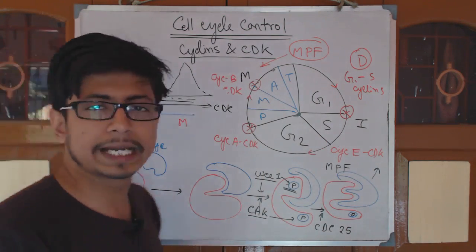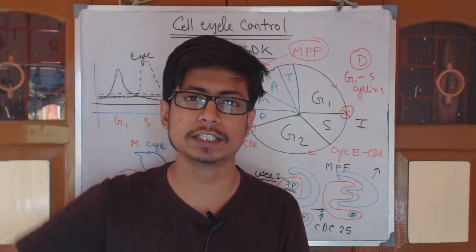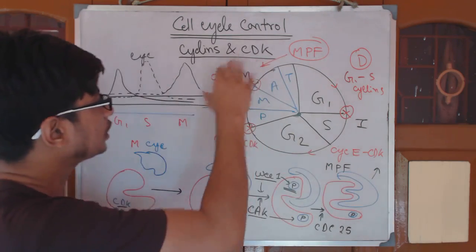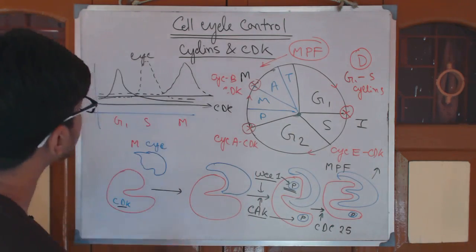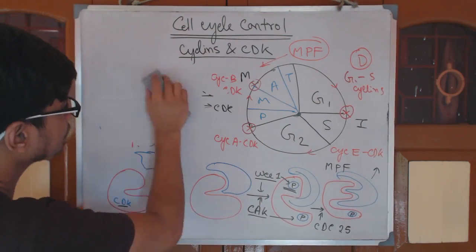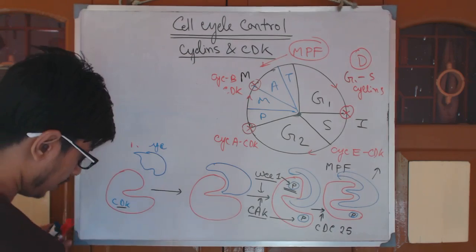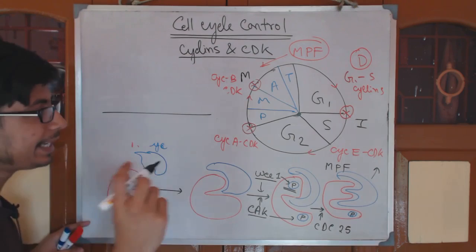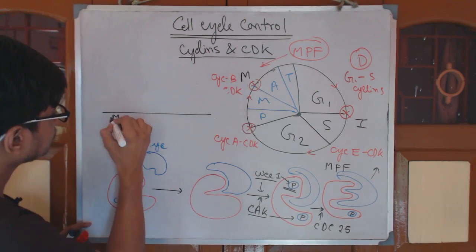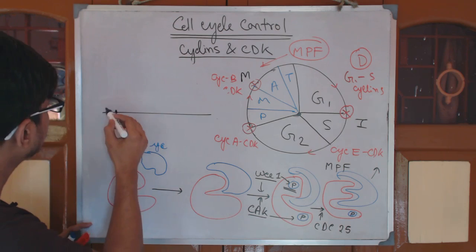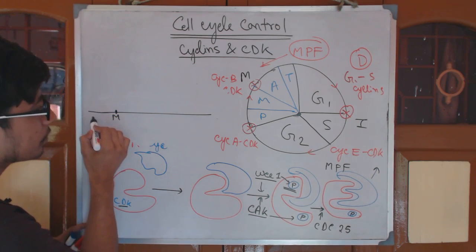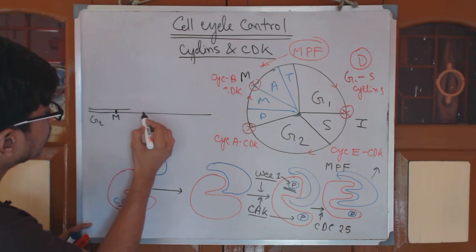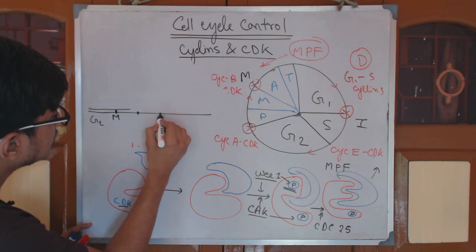So the only way to do that is to prepare it and keep it in a ready-made fashion, and then use it exactly when needed. If you check a graph of MPF concentration, it will give you the basic idea. In the graph you can see that at the G2 phase, and even at the start of M phase, the concentration is very low. This is the midpoint of M, this is the anaphase.